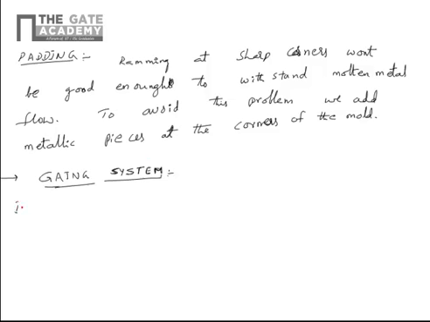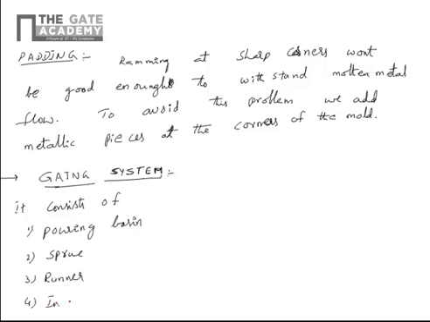The gating system consists of one, pouring basin, two, sprue, three, runner, four, ingate. These are the major elements in the gating system.